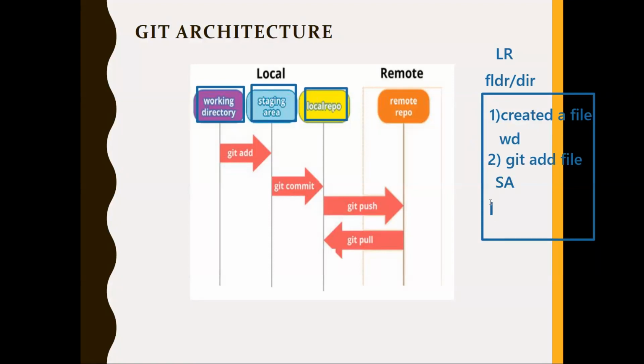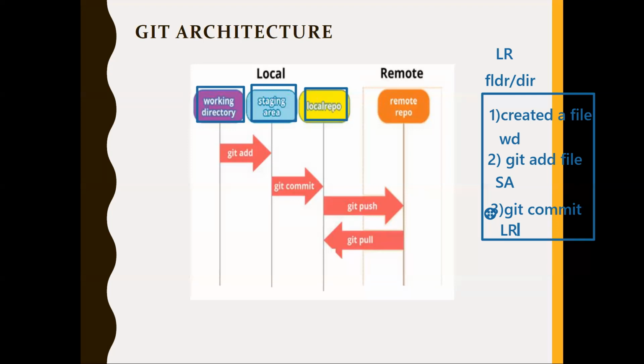After adding it, if you run git commit, then it goes to local, and we say the file is in the local repository. Physically the working directory and local repository are one and the same directory, but logically they are different.